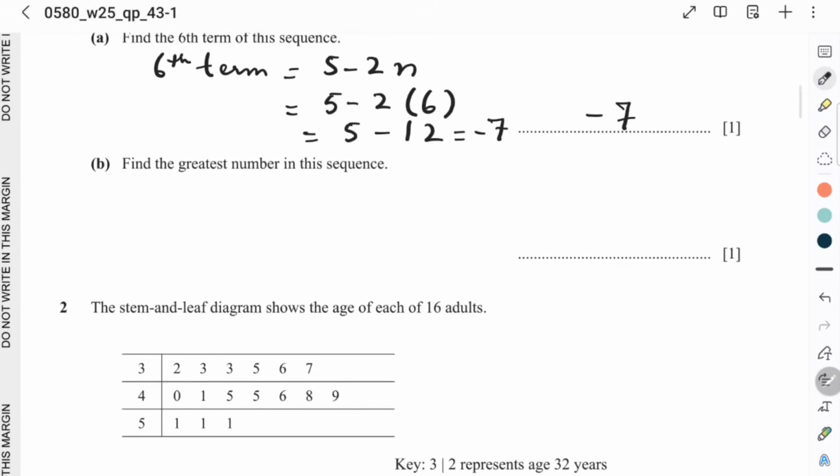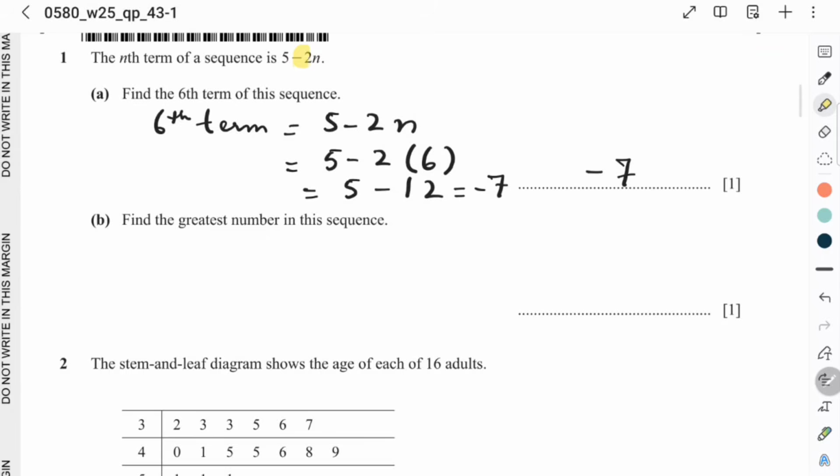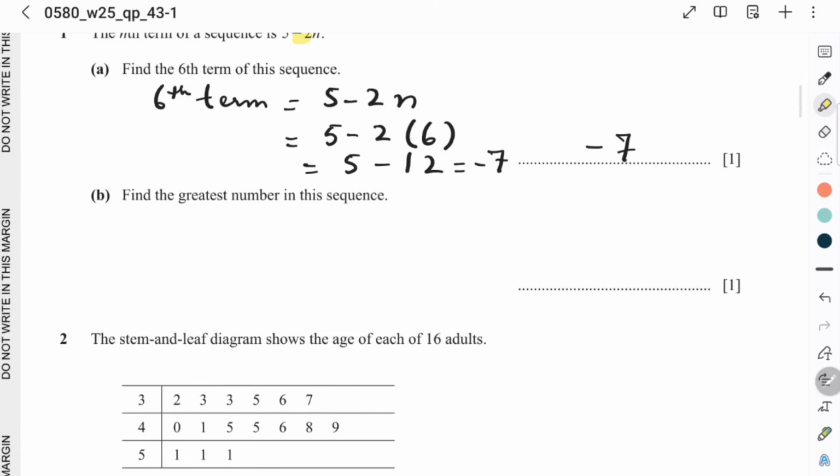It's a 1 mark question. Find the greatest number in the sequence. So you know that it's a decreasing sequence because the coefficient of n is negative, which is minus 2. Whenever you see the coefficient of n is positive, then it is an increasing sequence.